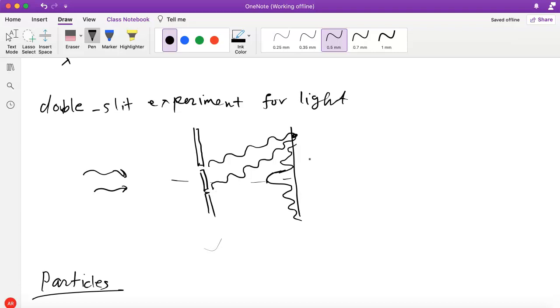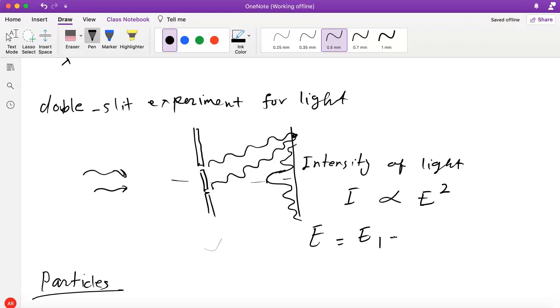And this intensity that we observe is like the field squared, right? Remember, intensity of light. So there's an electric field, right, at every point on the screen that you can think of as E1 plus E2.